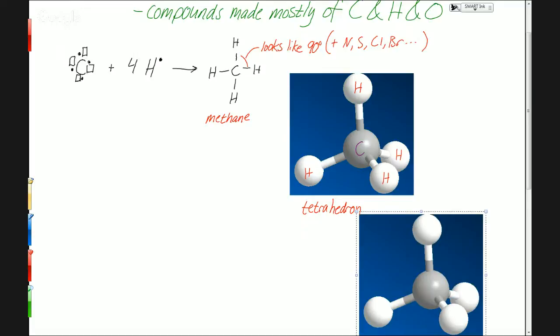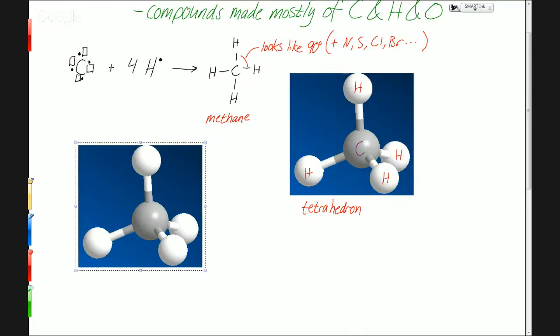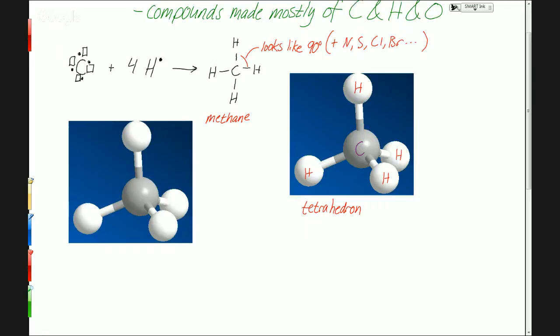I'm going to make another copy of it here so we can look at that. If we connect the dots from the middle of each of these hydrogen atoms like this, and then there's kind of one that's going back like this too. I don't know if you can see that. She used a different color.